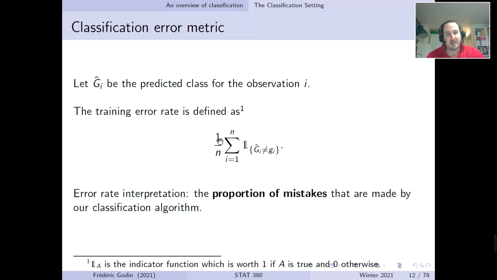It's defined as the sample average across all observations of an indicator which is worth 1 if you misclassify your observation, so if your predicted class is different from the true class, and 0 if you've correctly classified, so if your predicted class is the same as the true class. So this metric, the training error rate, is simply the proportion of classification mistakes you will make in your algorithm.